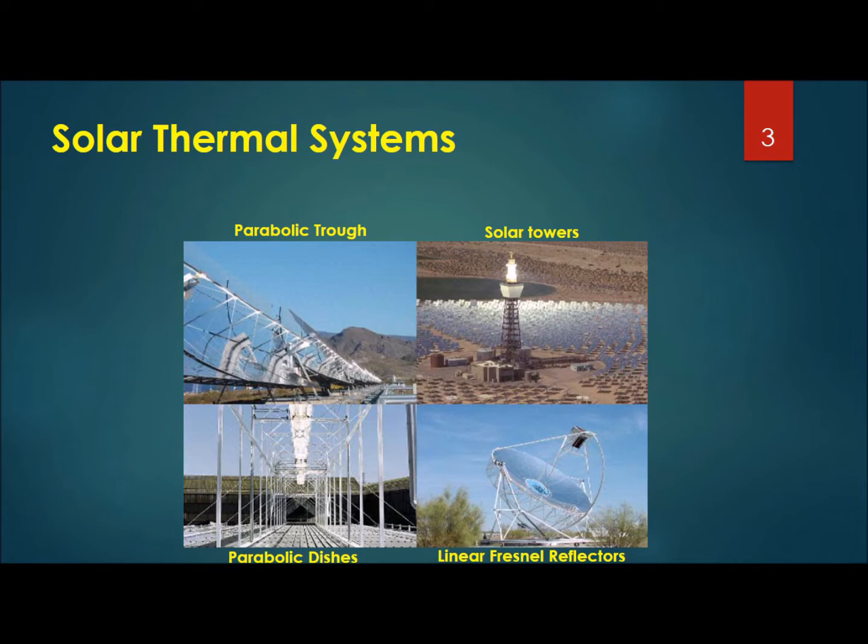Third one is paraboloidal dishes. The parabolic shaped dish tracks the sun through a two-axis movement onto a thermal receiver mounted at the focal point. The concentrated beam radiation is absorbed into a receiver to heat a fluid or gas to approximately 750 degrees centigrade.